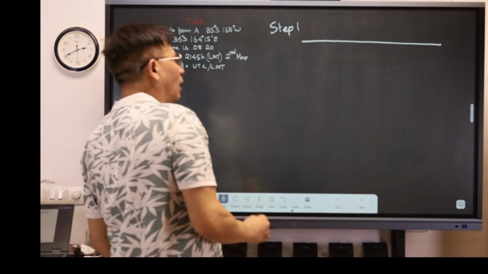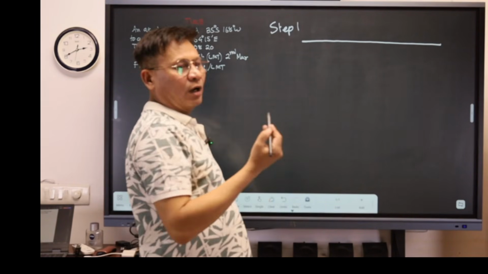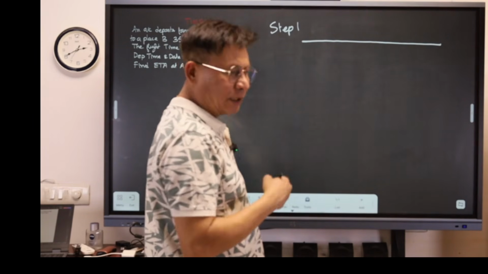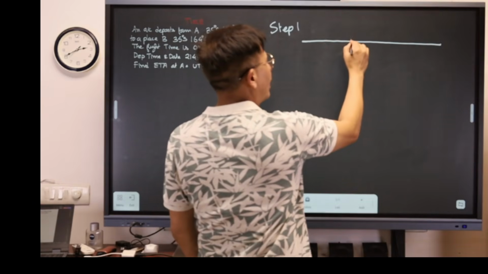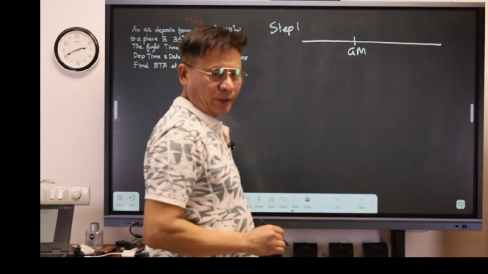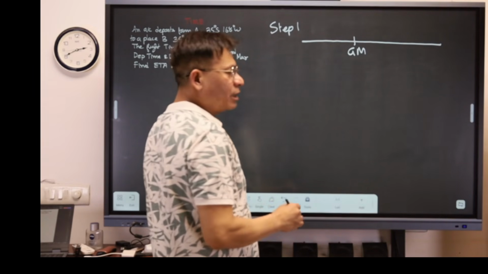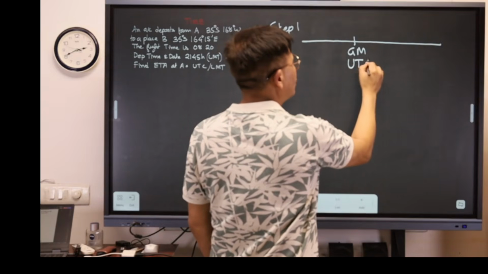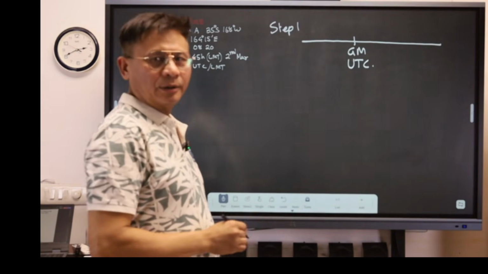So the aircraft starts from the west longitude and goes to the east longitude. So therefore the Greenwich meridian will come in between, and the time at the Greenwich meridian what we use to fly is in UTC. That is the first step.